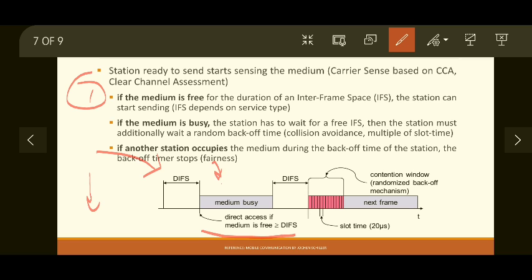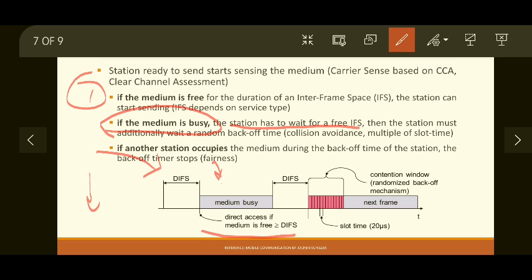If the medium is busy, the station has to wait for a free IFS. If the medium is still busy during this, then it has to further wait until the medium becomes free. That again depends on your interframe spacing time.